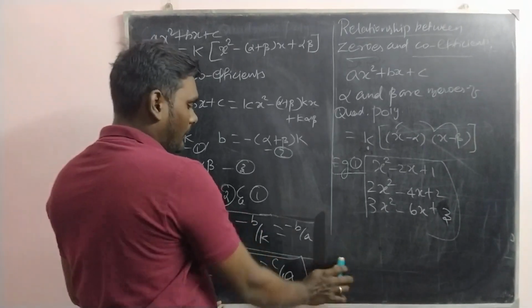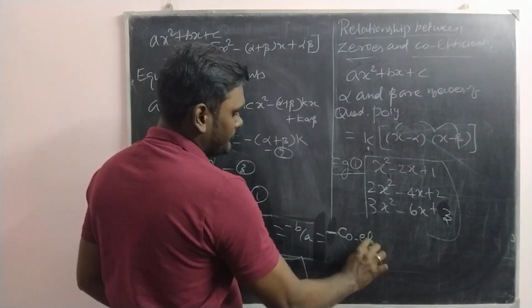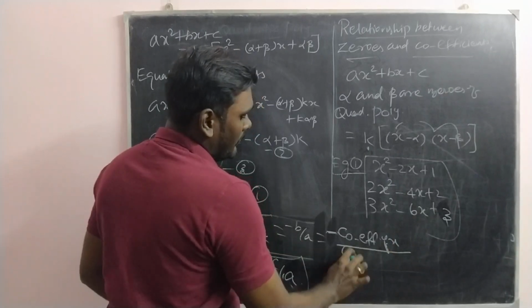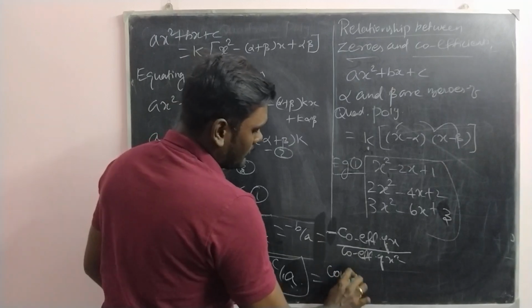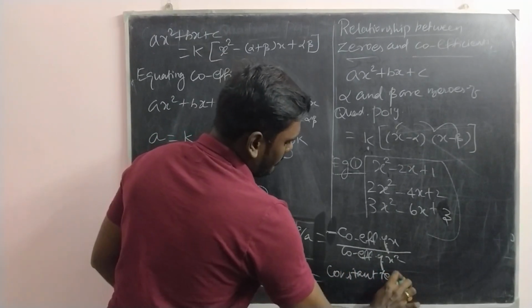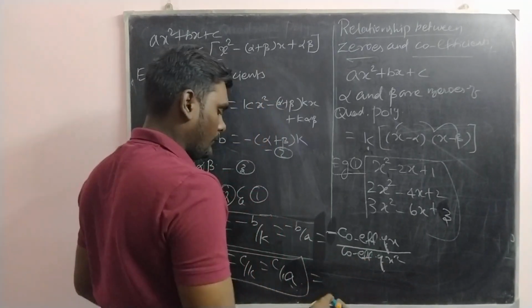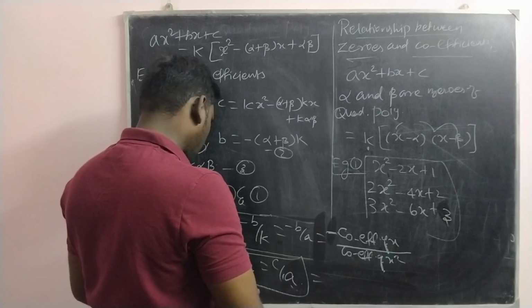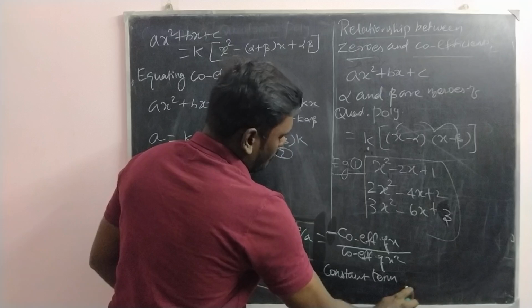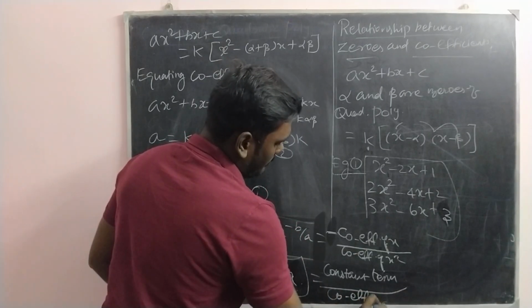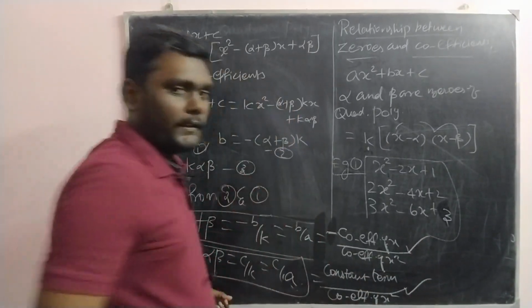Because the actual formula from this is minus coefficient of x divided by coefficient of x square. Here, constant term by coefficient of x square. So only this formula you should use in your exam.